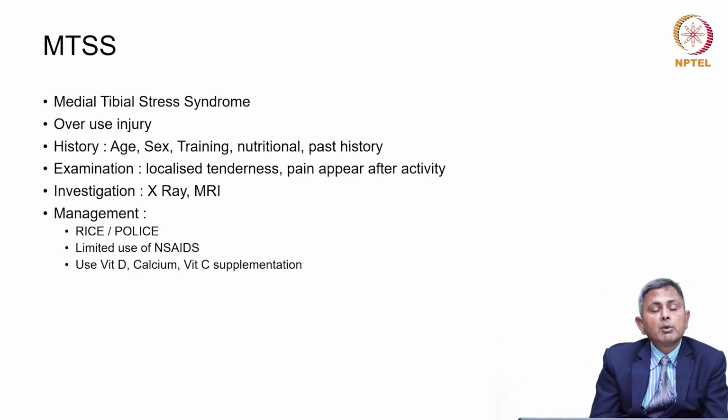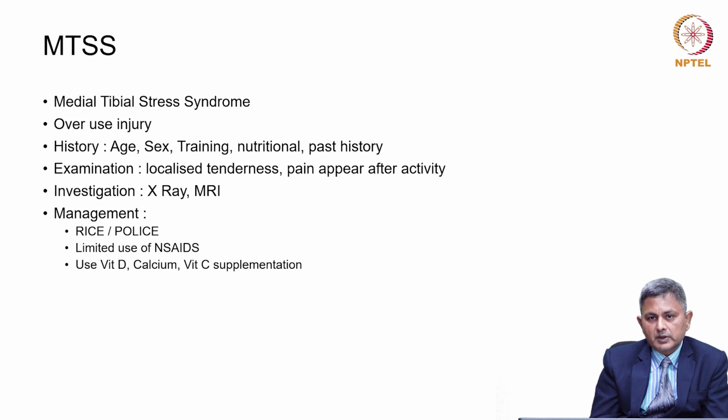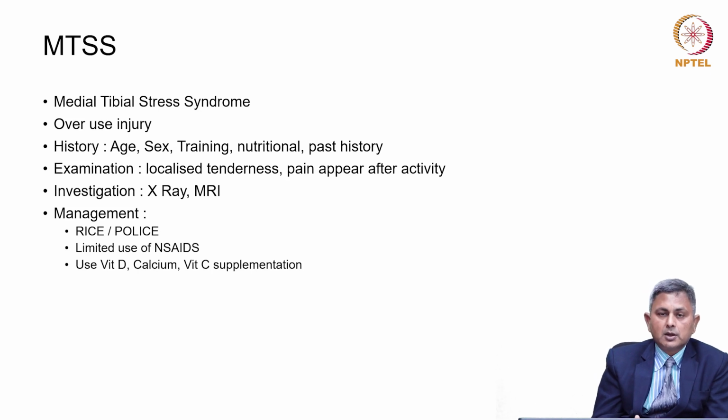Sometimes he is not able to bear weight if it has converted to a stress fracture, but there will be a small swelling over the junction between the lower two-thirds and the upper one-third.